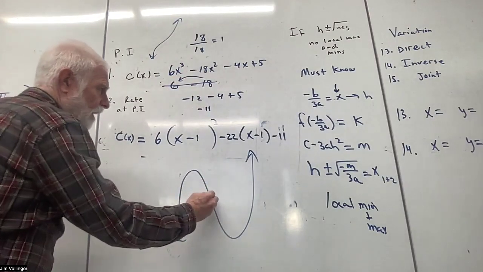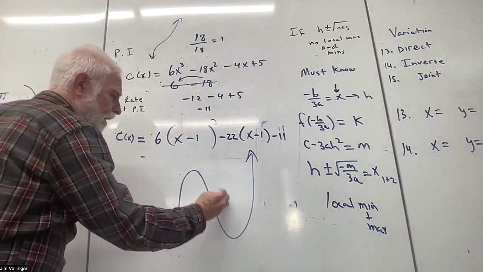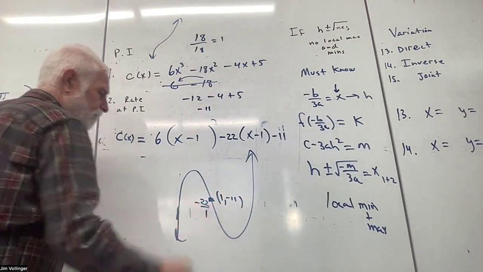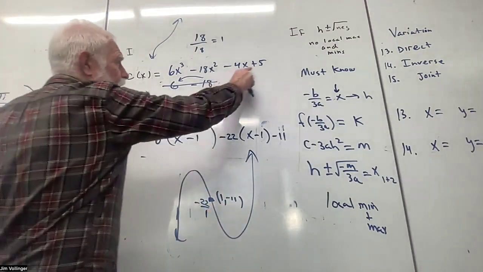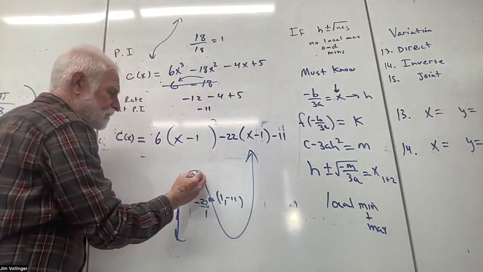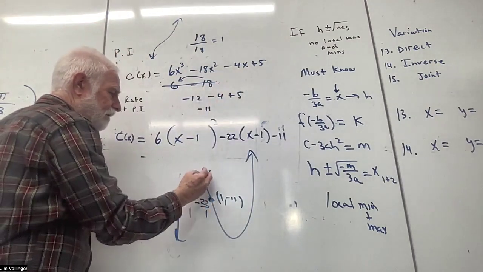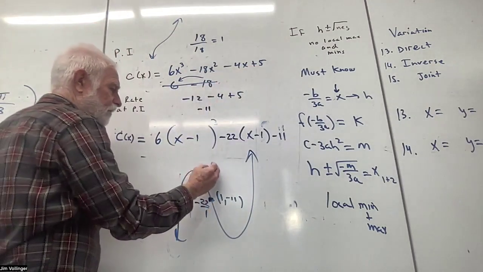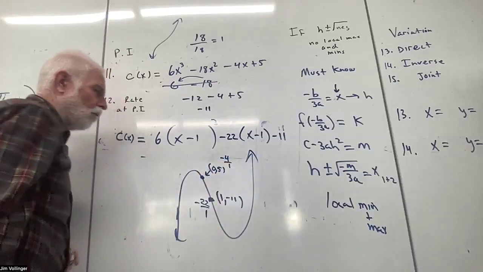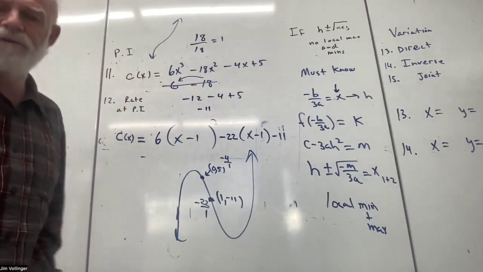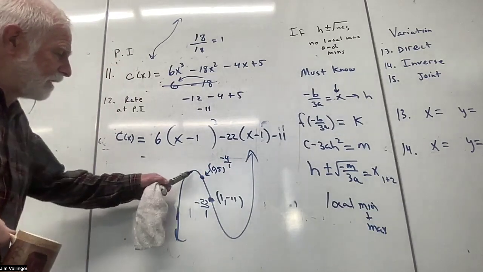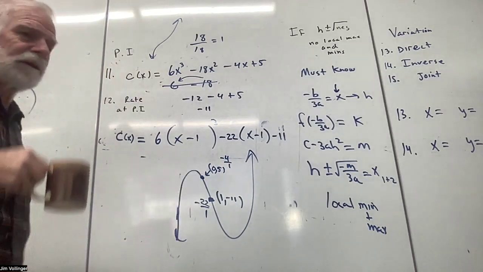And I now know that I am at 1 comma negative 11, and I'm going down at 22 to 1. I also know that I'm at a y-intercept of 5 and I'm going down at 4 to 1. So therefore, I've got to be on this side, and that is 0, 5, and I'm going down at 4 to 1, and we've looked at y in previous lesson sets, so I'm not going to go over that here. But it tells me that my x value for that min should be a little bit less than 0.